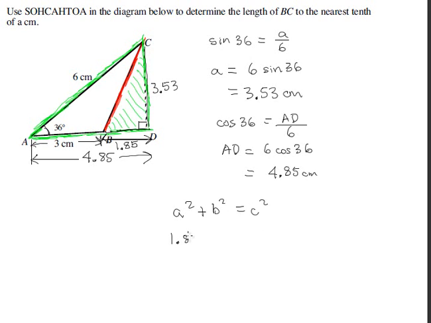It doesn't matter which one you call A and which one you call B. 1.85 squared plus 3.53 squared equals c squared, and again, there is much calculator. Taking the square root, I get that c, or the hypotenuse rather, it's technically side BC, is 3.99, very close to 4 centimeters.